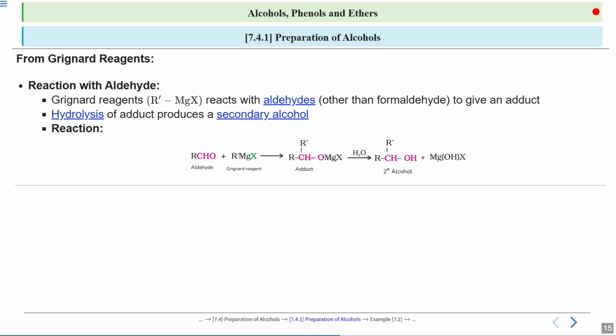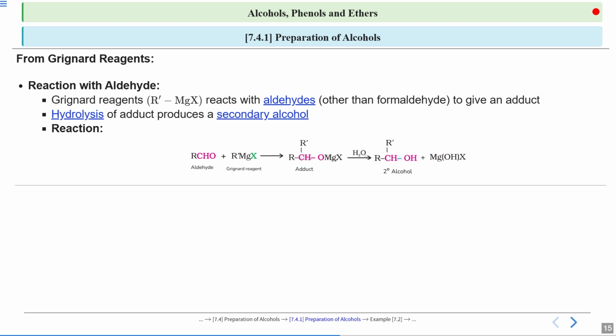The reaction is, you take an aldehyde RCHO reacted with R prime MgX, a Grignard reagent, you will get RCR prime HOMgX, which is an adduct. Now this adduct, when undergoing the hydrolysis process with the water molecule, is going to produce a secondary alcohol, because here you can clearly see OMgX is present in the adduct, so MgX is going to be removed from here, and the OH is going to be present at the carbon.